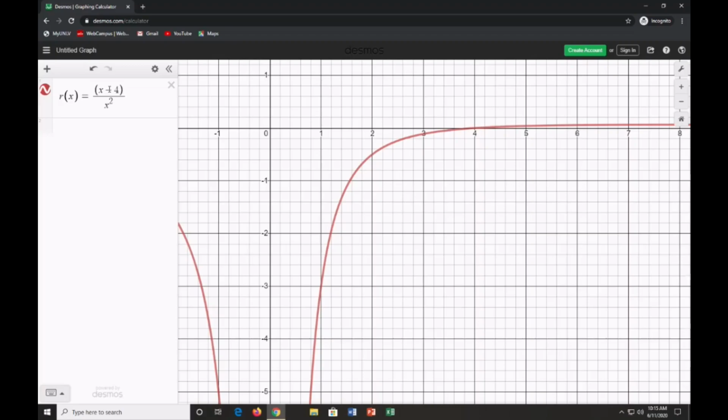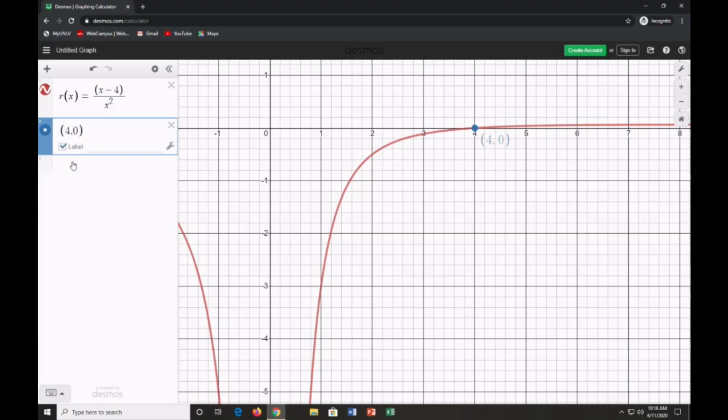So when x minus 4 equals 0, this rational function will be equal to 0. That's where the x-intercept is happening. So where is the numerator equal to 0? Just set x minus 4 equal to 0 and solve for x. You get x equals 4. So the point where the graph is crossing the x-axis right there is the point (4, 0).